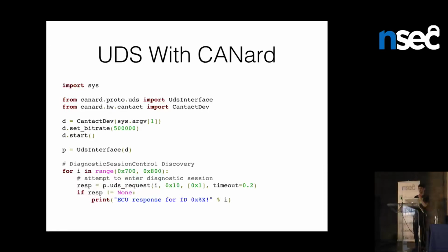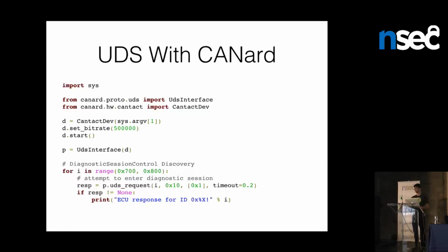And then we're going to create this UDS interface. This is going to essentially wrap around our device and just provide us with a request response. Because all requests are initiated by the client, which is whatever's running this code, it makes it nice and easy because we can just say, hey, I want a request, and get a response. So what we're actually doing in this example is pretty useful. We're going to try to find all the controllers that will respond to a diagnostic request so that we can enumerate all of them.